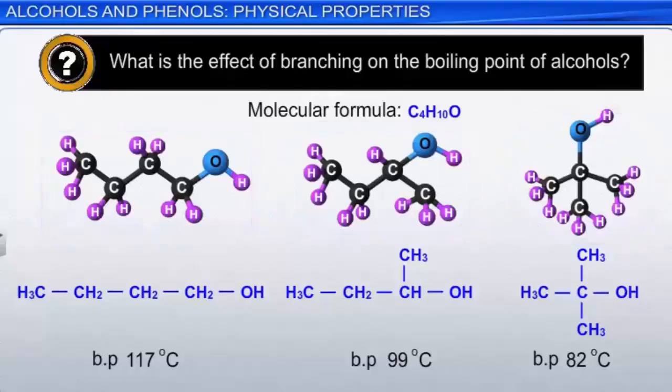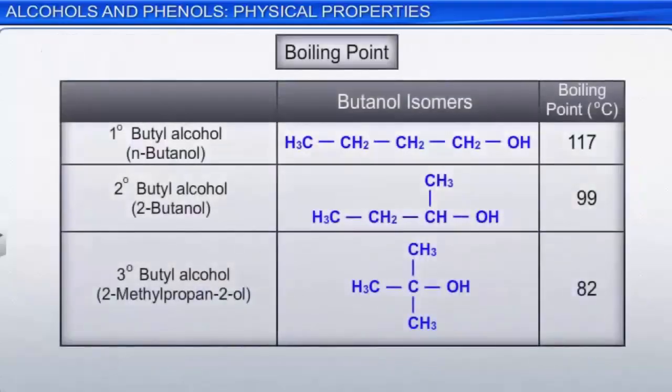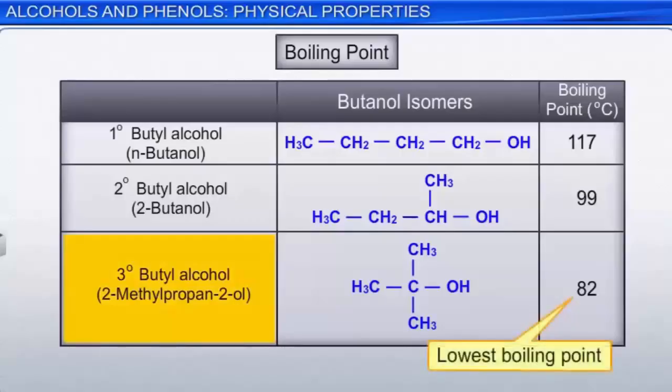As a result, the van der Waals forces of attraction become weaker, and therefore the boiling point decreases with an increase in branching. Therefore, among the isomers of butanol, tertiary butyl alcohol, 2-methyl-propan-2-ol, has the lowest boiling point, as shown in the table.